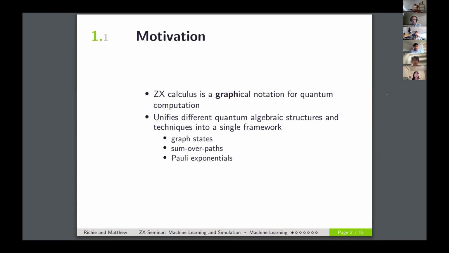ZX calculus combines a lot of existing quantum compilation techniques and algebraic structures, such as graph states, summable powers, power exponentials, stabilizers and so on, into a single unified framework. This allows us to interleave these techniques by applying rewrite rules without changing notation.